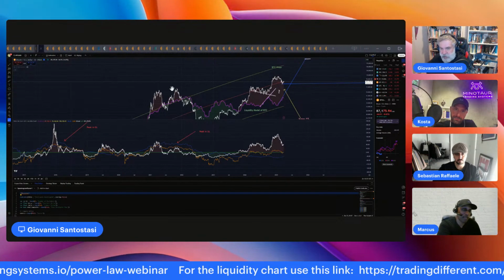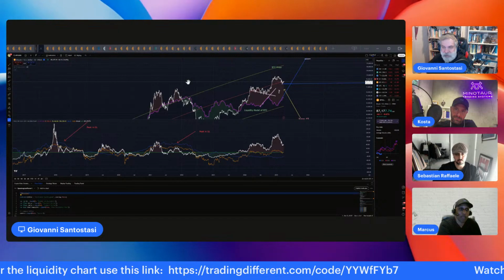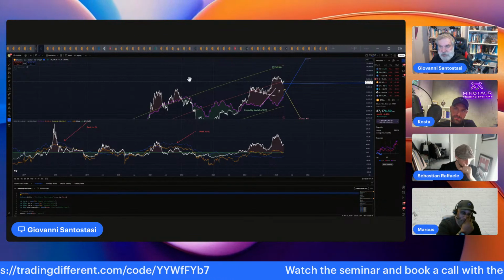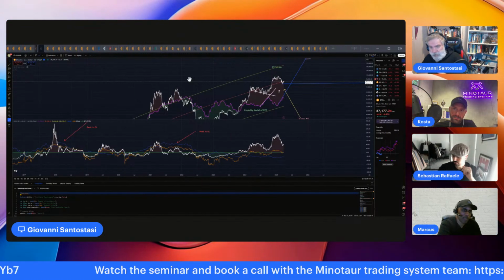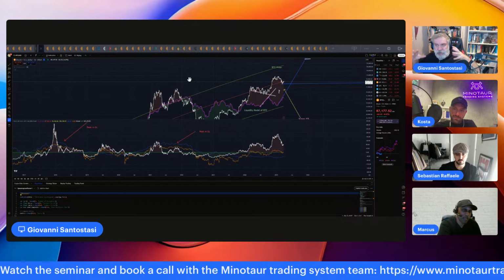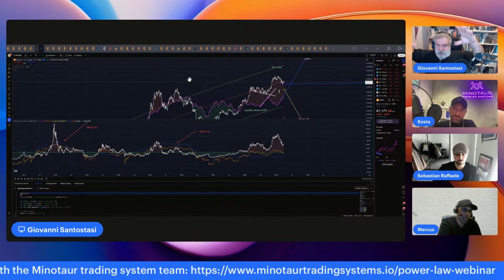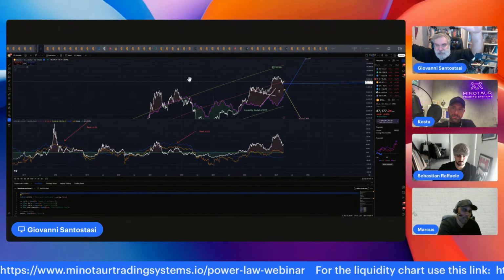My interpretation of what happened here and why this cycle looks different is because the ETFs change a little bit the rules. Overall, they are not going to change, because that is one of the things that people mention all the time. Oh, the ETFs are going to break the power law. They are not, because they are simply one of the other events that we need to scale up exactly like the power law says.